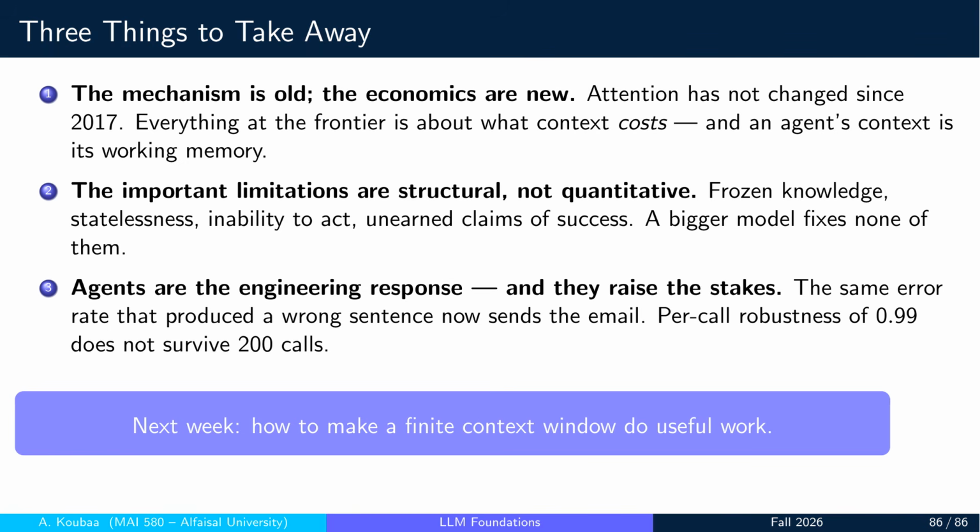Scale alone can't solve them because they follow from what the system is rather than how big it is. Third, agents are a purposeful response. Tools, memory, verification, and control around the model. And they raise the stakes because an error can now become an action.